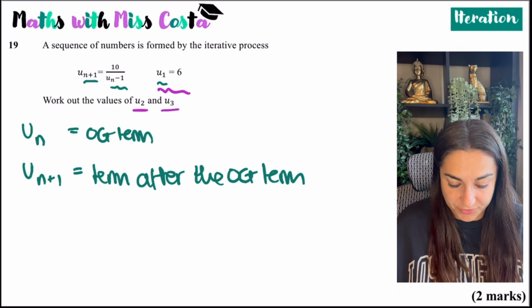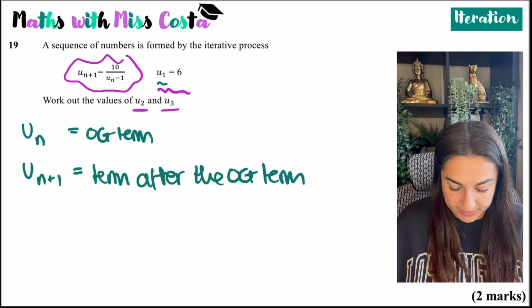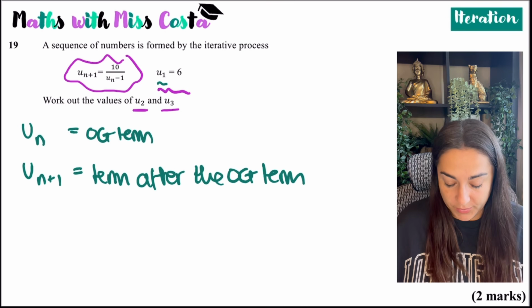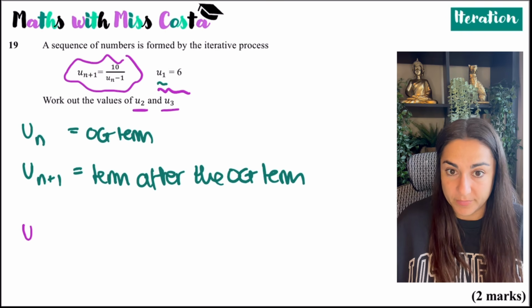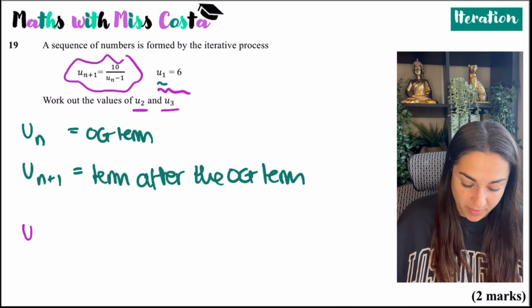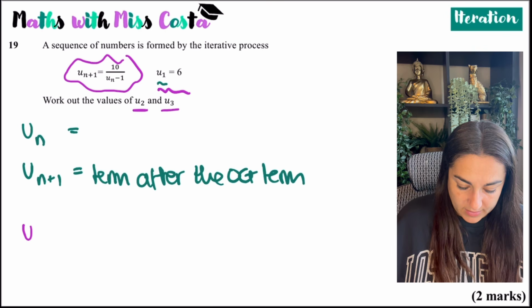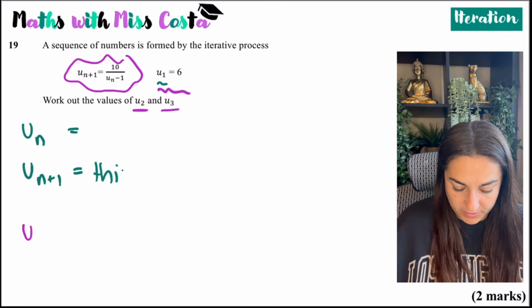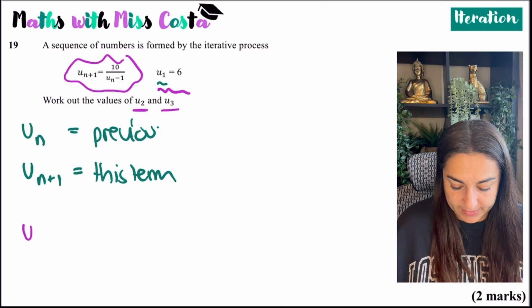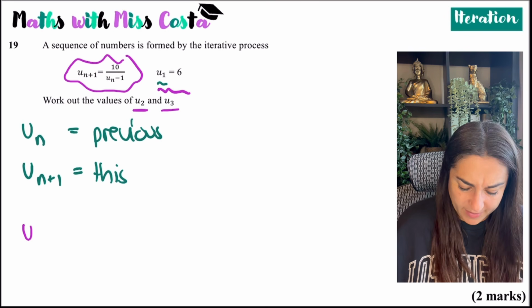But this is the general formula. So Un plus 1, the term after the original, is going to be 10 over the previous term minus 1. So that's another way of doing it. Un plus 1 is this term, and Un represents the previous value.